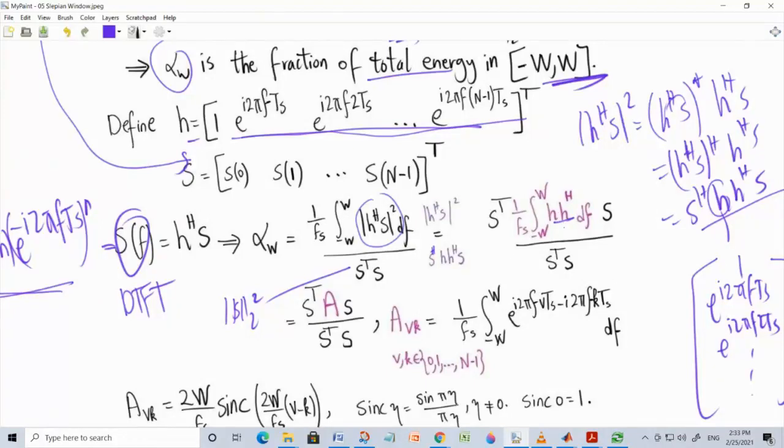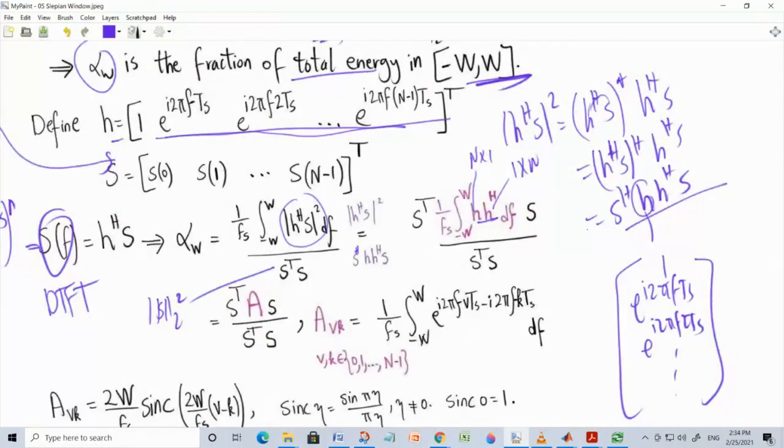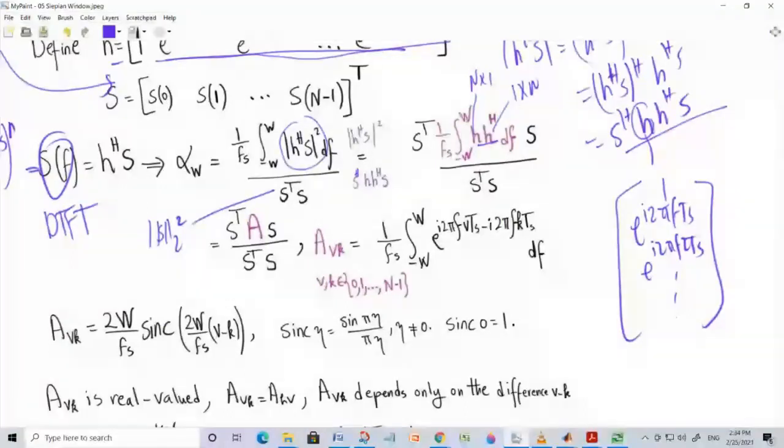When I write an integration and here we have a matrix, this is n by 1, this is 1 by n, so it's an n by n matrix. This is an integral applied to every single element in this n by n matrix. The integral from minus W to W of H H Hermitian, I will call it matrix A. Element (l,k) in matrix A is given by this quantity.